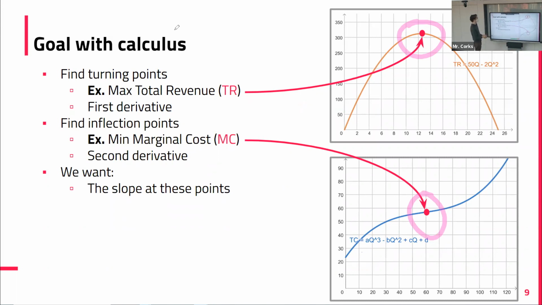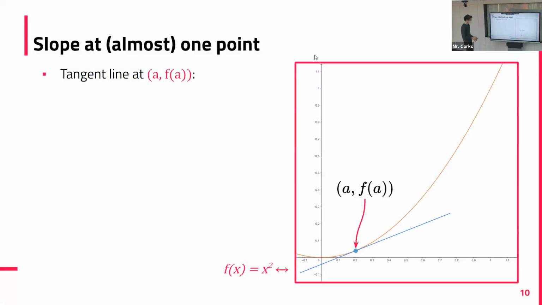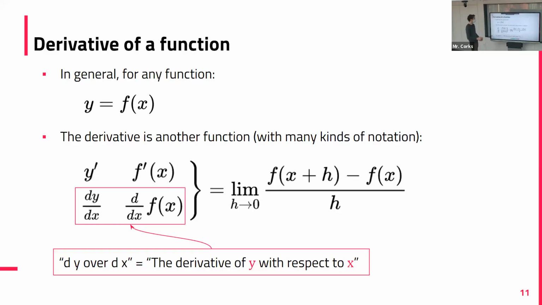Those are the two very particular useful points that we are trying to find. The idea of a derivative: we have a curved line and we are trying to find the slope at some point on that curved line. I won't repeat the whole process here, but that's where all this is coming from.